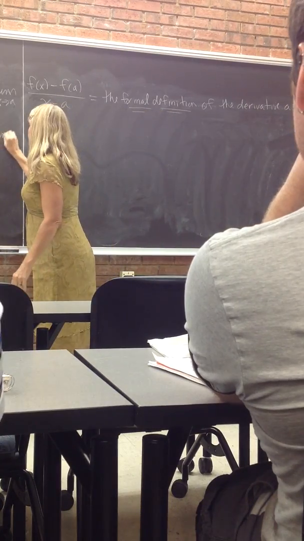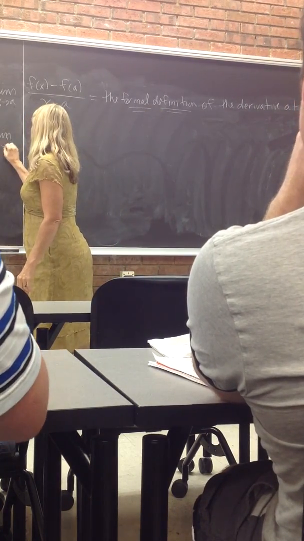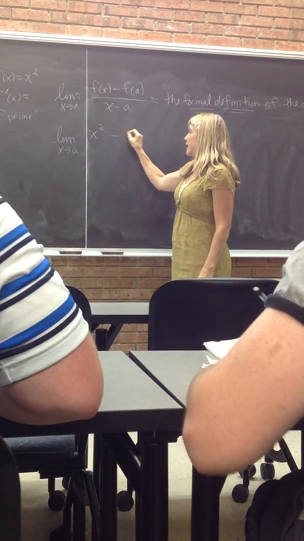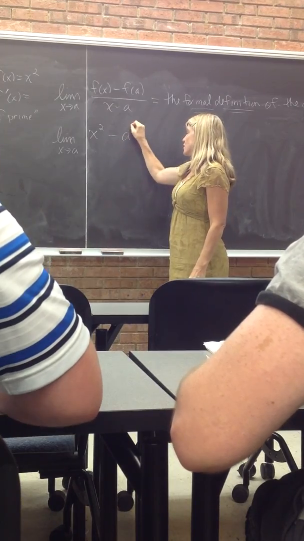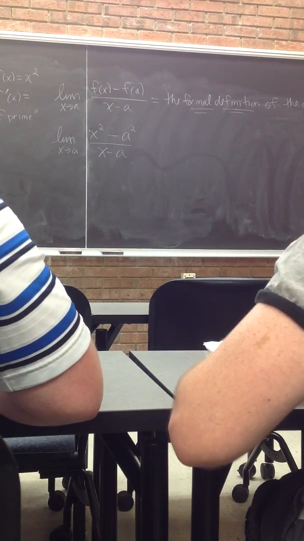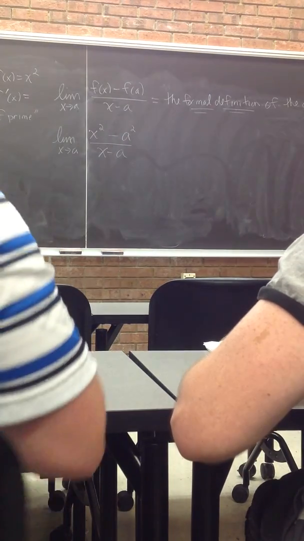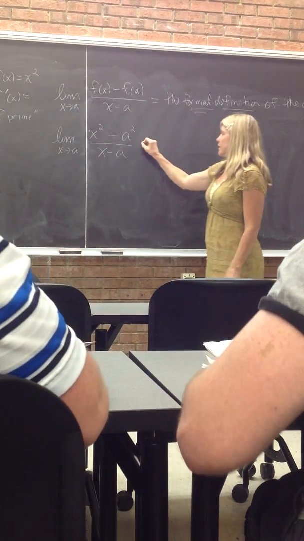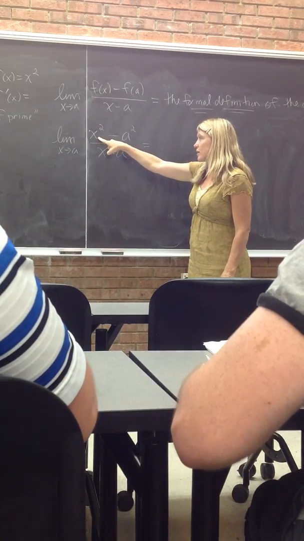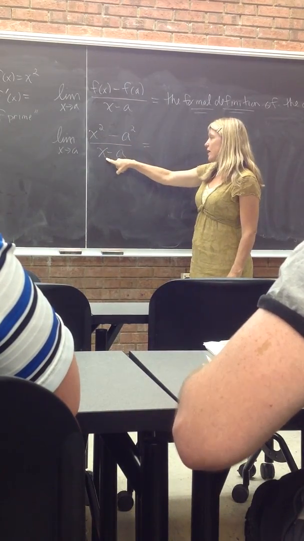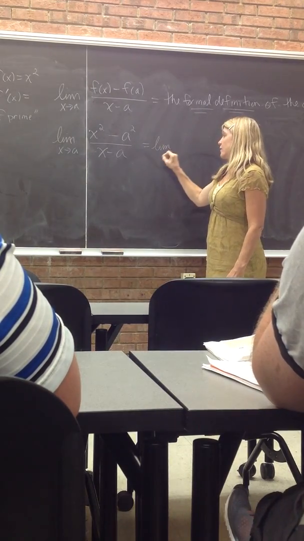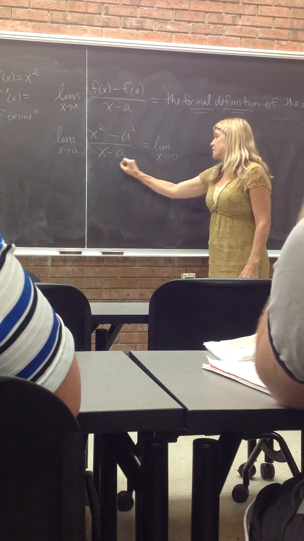Okay, so for the function x squared, f of x is x squared, and f of a is a squared. And I want to work out this limit. Generally, you try to plug your value in, but if I try to plug a in, I'm going to get 0 in the numerator and 0 in the denominator, and I'll be stuck. So when you get 0 over 0, it means you need to do some algebra.